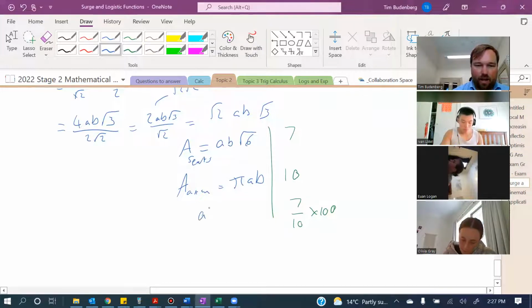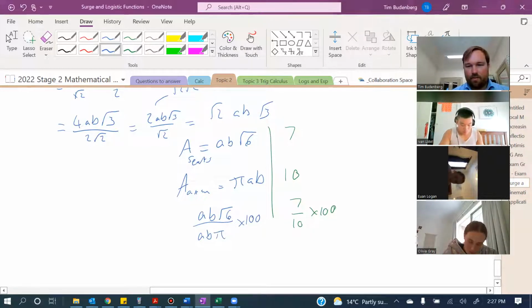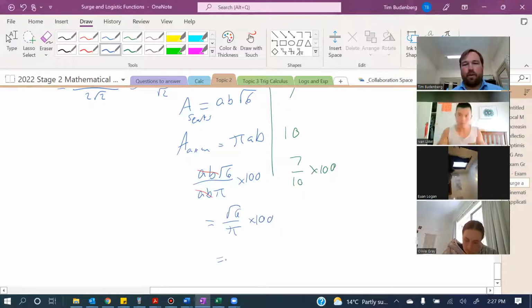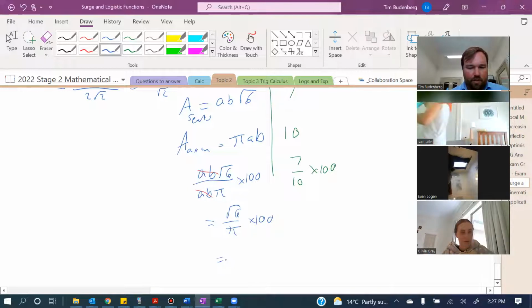So we have AB root 6 over AB pi times 100, which works out gloriously because the A's and B's go and you're left with root 6 on pi times 100. I have no idea what that is, so we reach for a calculator.